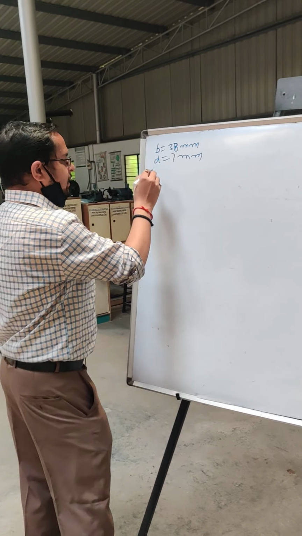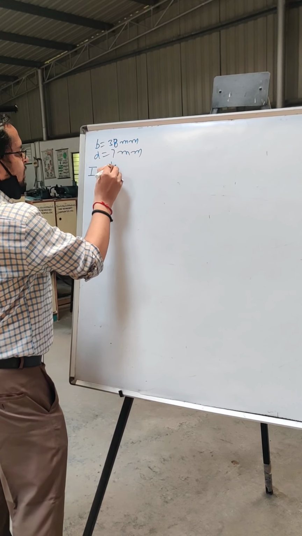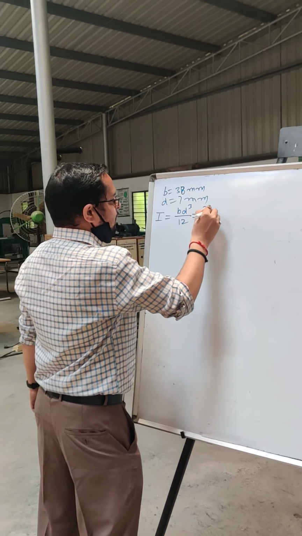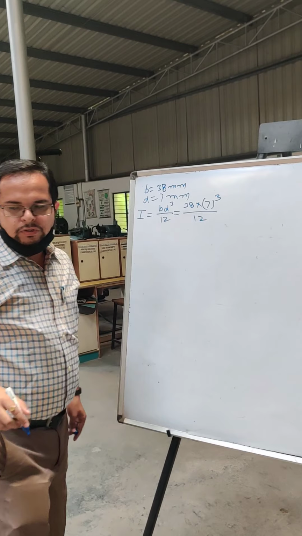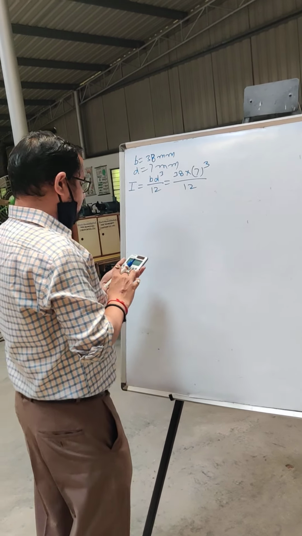So we are determining the moment of inertia I, that is B D cube by 12. So 38 into 7 cube by 12. What is the answer? You can calculate the answer.